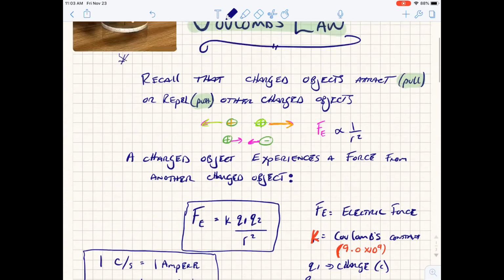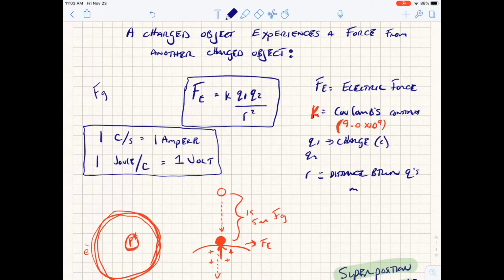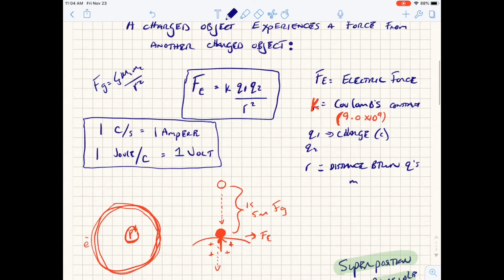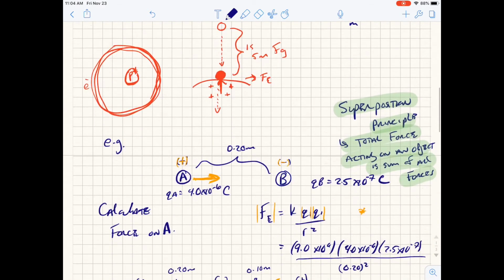Coulomb's law is pretty straightforward. It should look super familiar to you: the universal law of gravitation. It's the same format, which is kind of bizarre and interesting. We'll take a look at that a little bit. I've taken a look at some new ways to express units, the relationship between coulombs, amps and volts. I defined Coulomb's constant for you there.